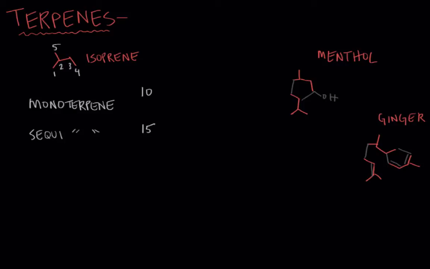I'll go ahead and make a chart here. Remember, monoterpenes had 2 isoprene units, and sesquiterpenes had 3 isoprene units.